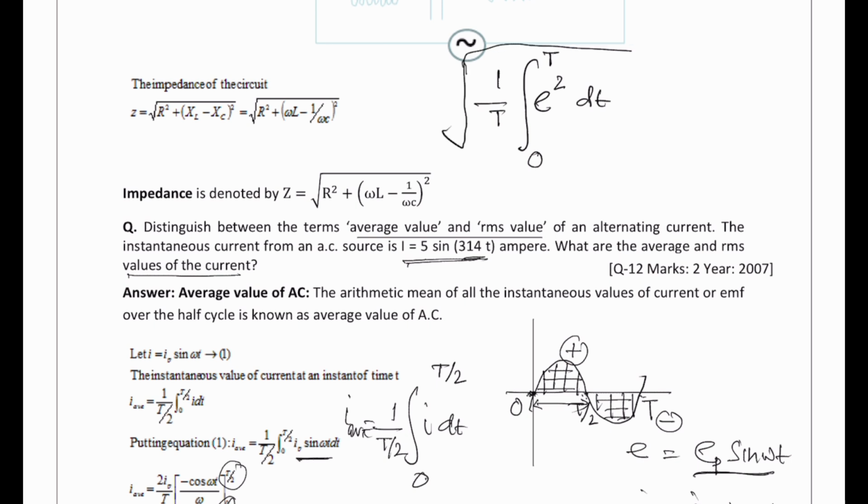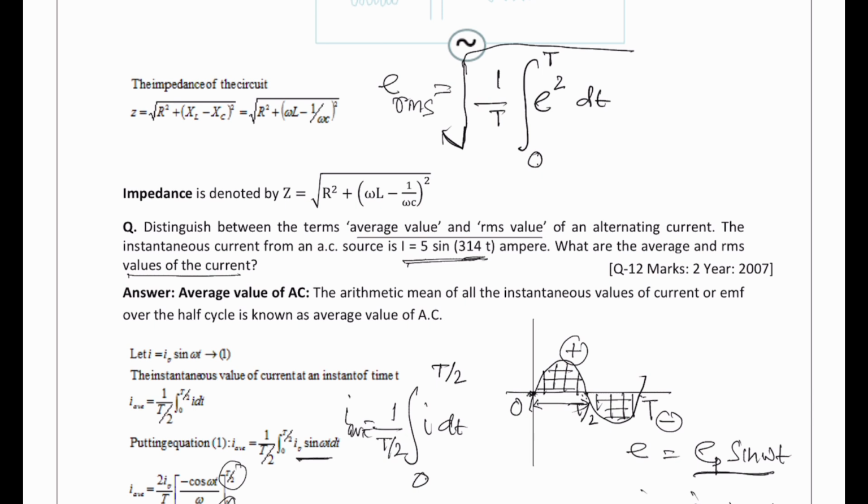That is why it is called E root mean square: we square all the instantaneous EMF, add it up from 0 to T, divide by the same time interval, and then take the square root. This is ERMS.